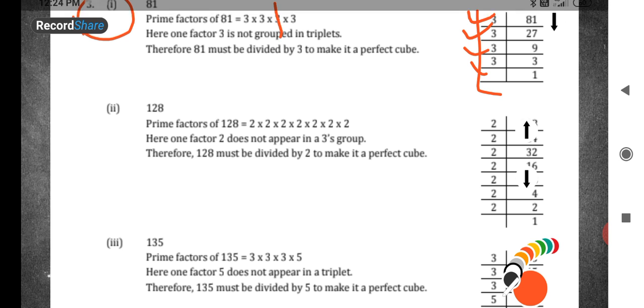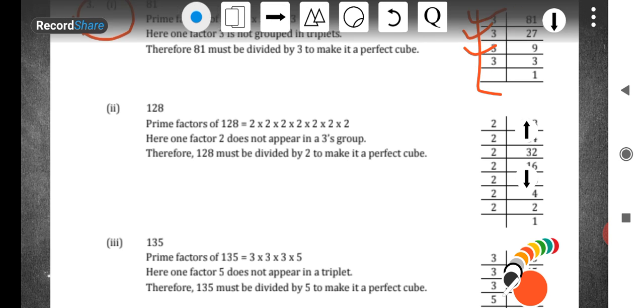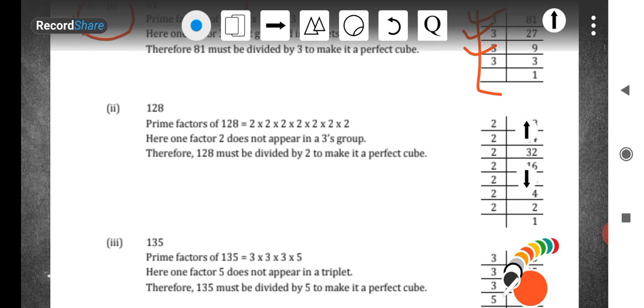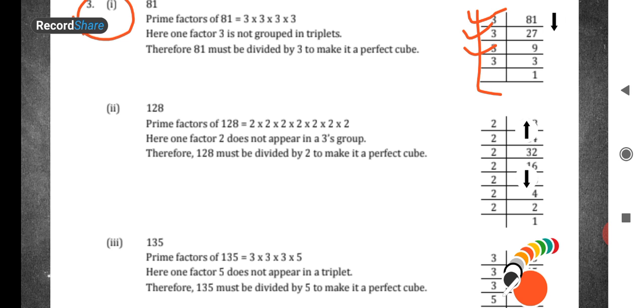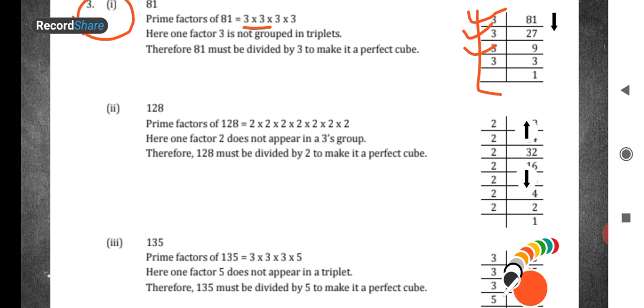But to make a cube we need 3 in a group, isn't it? Wait, this and this 3, so we got this 3, this 3, and what is left here? We can see one 3 is left.